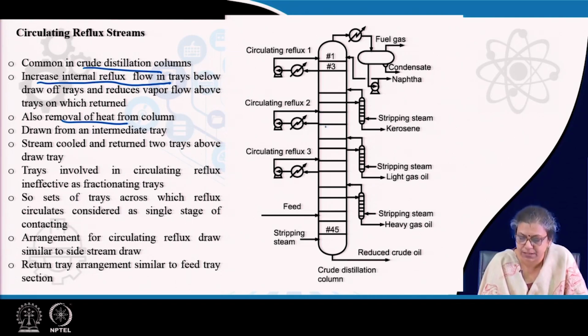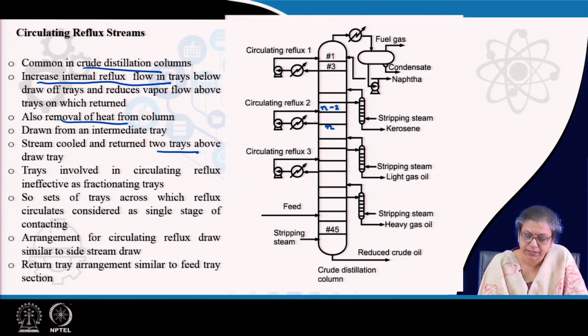That means, if this is nth tray, then this is going to be the n minus 2 tray. So, therefore, it is usually drawn from here and the stream is cooled and it is returned 2 trays above the draw off tray. If we draw the circulating reflux from the third tray, we introduce it in the first tray. This is the way.